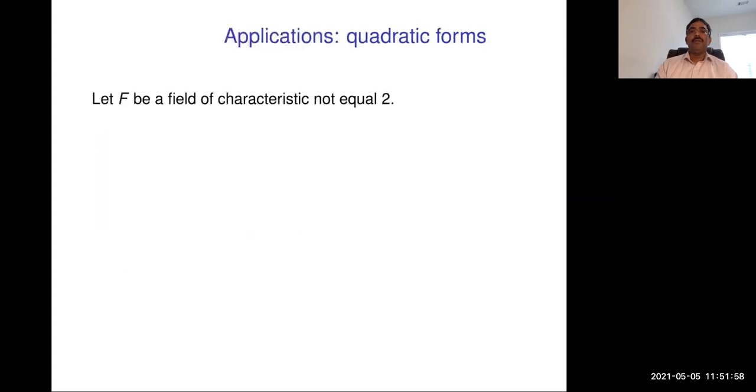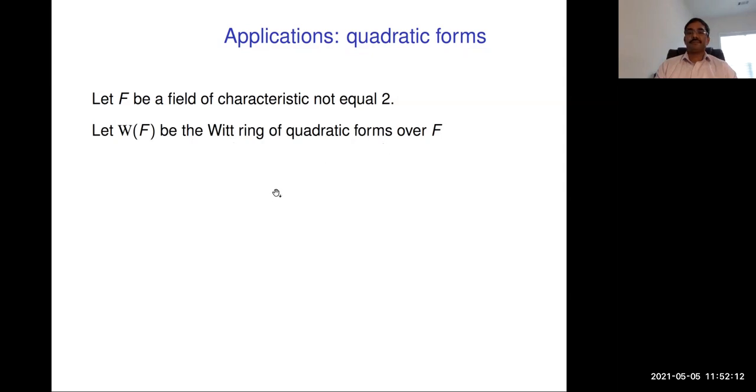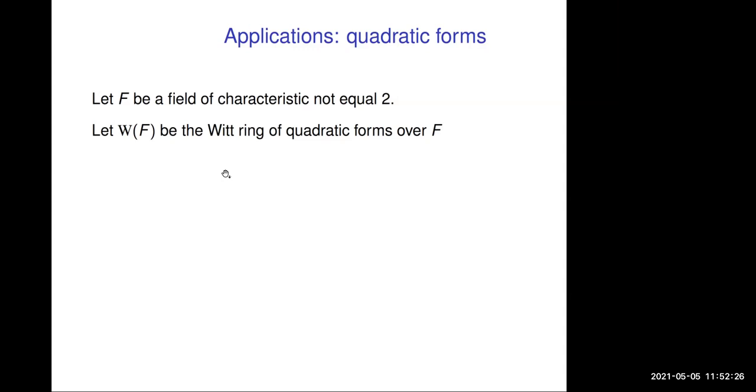Okay, so now we give some applications of our main theorem before giving an idea of the proof. Let F be any field of characteristic not equal to 2. Let W(F) be the Witt ring of quadratic forms over F. You take isomorphism classes of quadratic forms with the orthogonal sum and the tensor product, take the Witt-Grothendieck group out of that, modulo the hyperbolic forms.